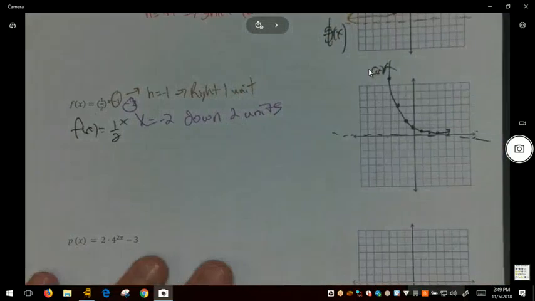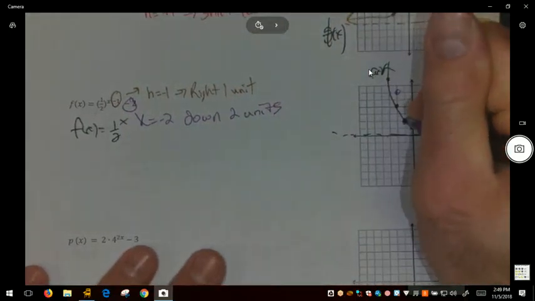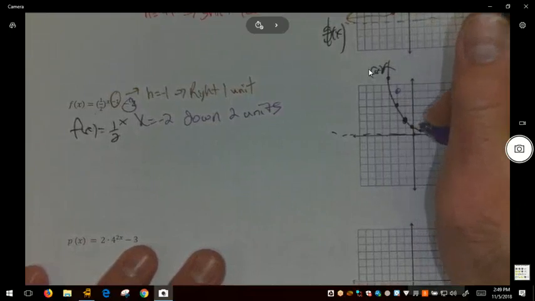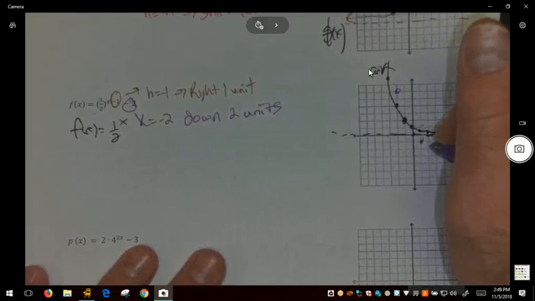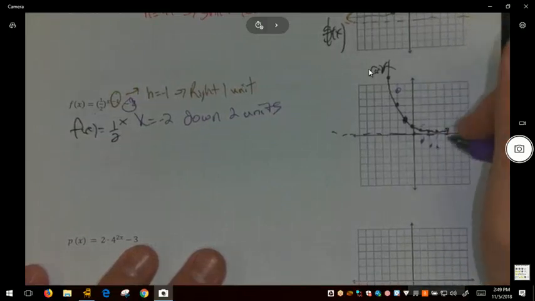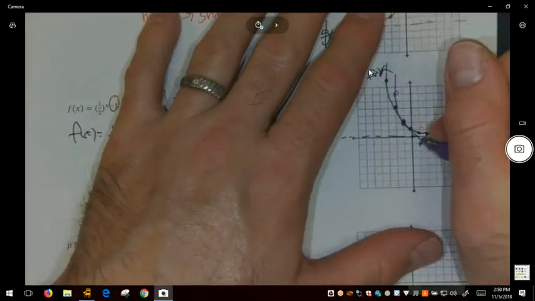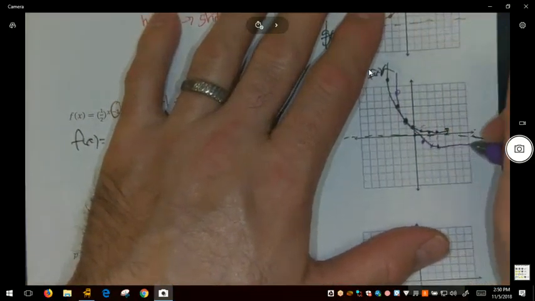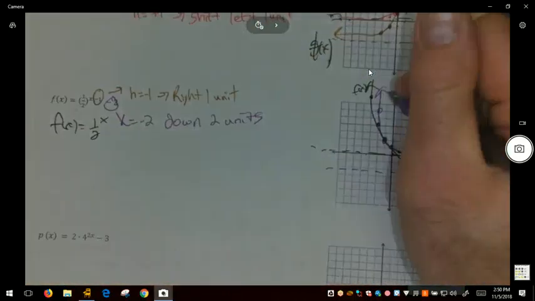So every point on our graph, I'm going to move right 1 and down 2, and you get the idea that it's going to now be a little steeper, and it's approaching now, instead of the horizontal asymptote at y equals 0, it's now at y equals -2.